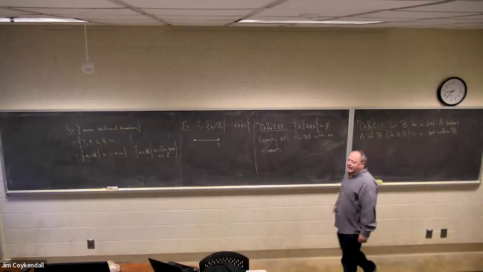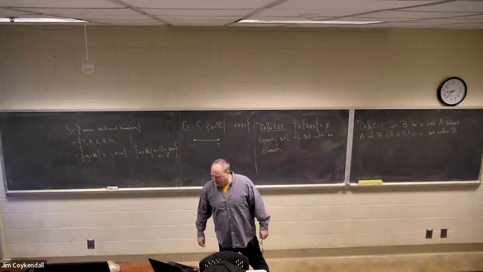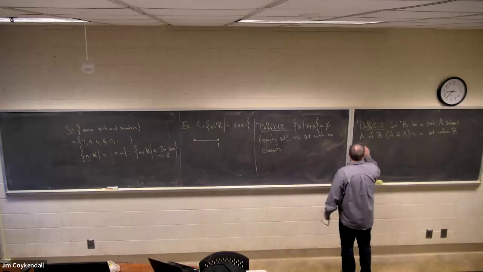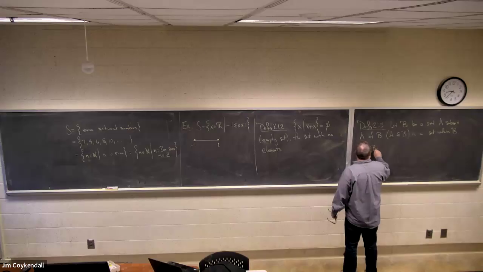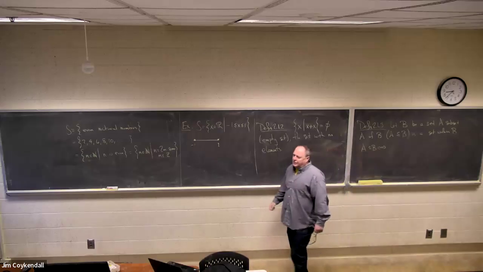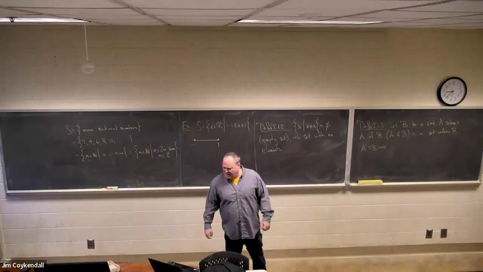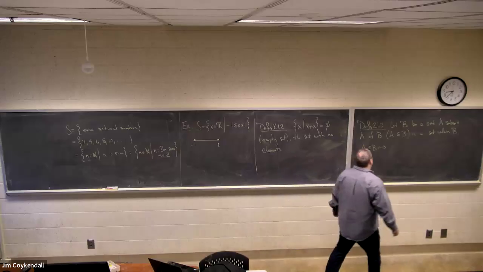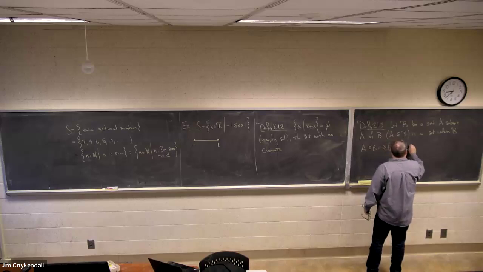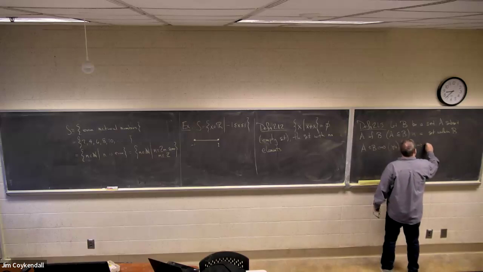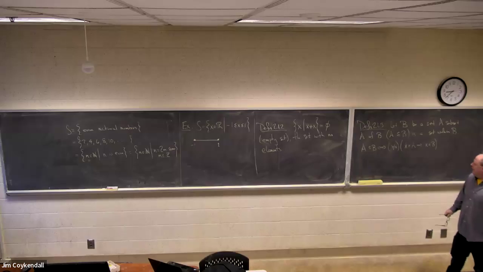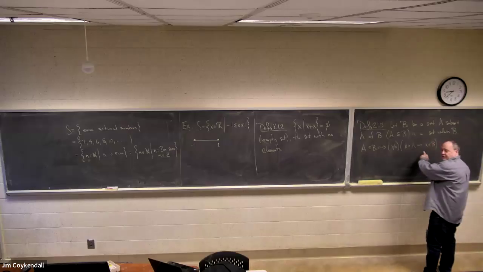So let me be precise about that. So that's kind of my intuitive definition. A is contained in B if and only if for all X, X is in A implies X is in B. So to be a subset, it's just some sub collection of stuff in here.